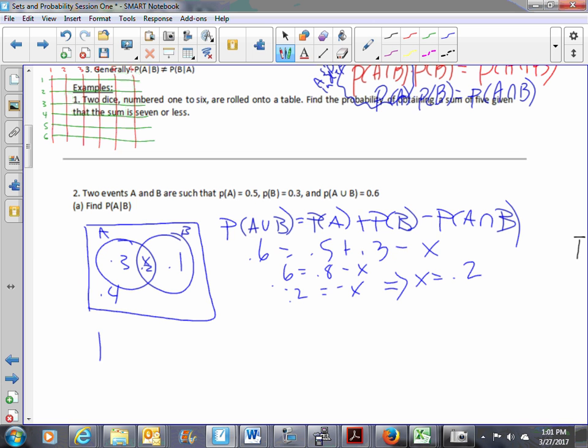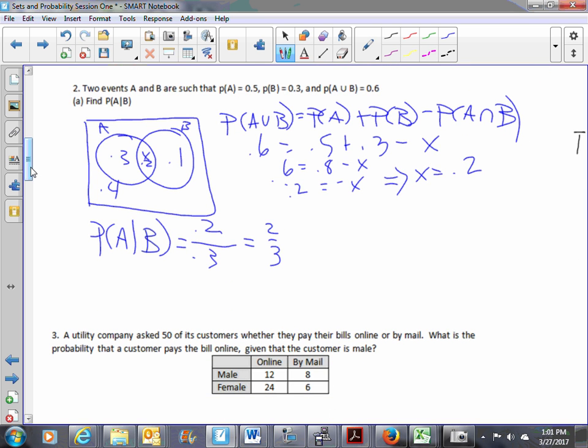Okay, now find the probability of A given B. The probability of A given B is the probability of the intersection of A and B over the probability of B, or 2/3. Was there more?